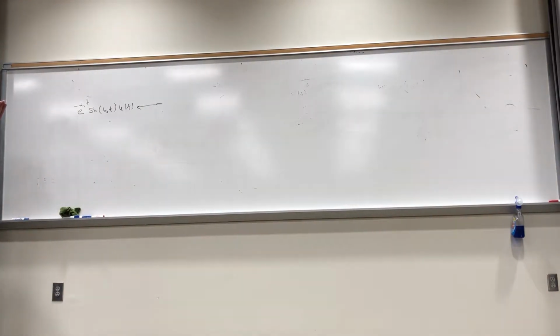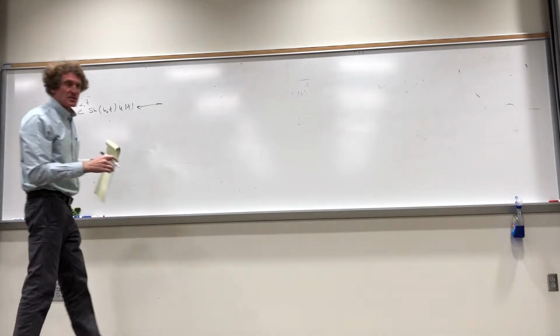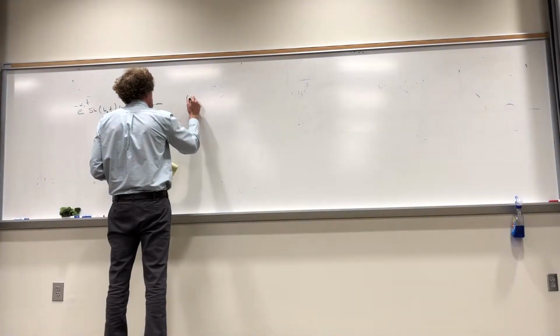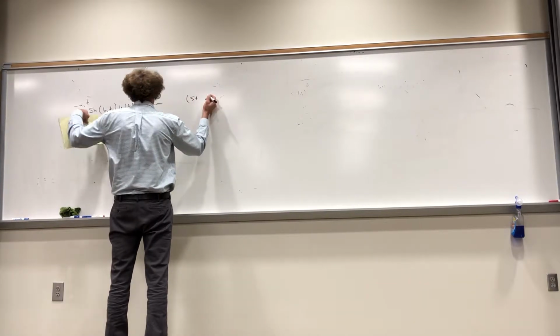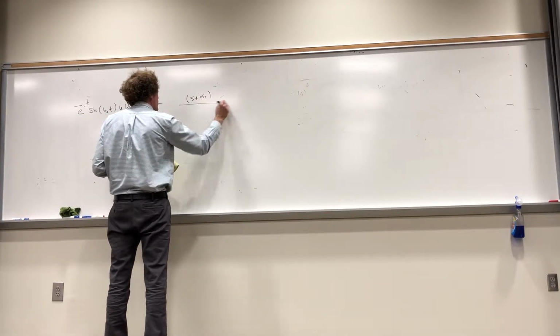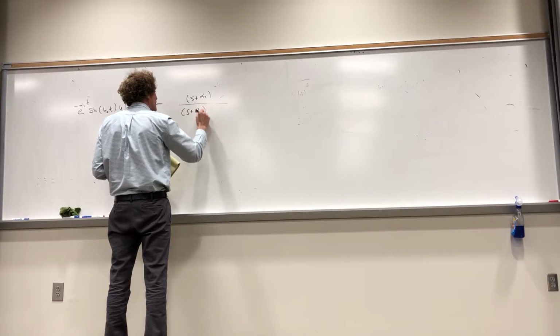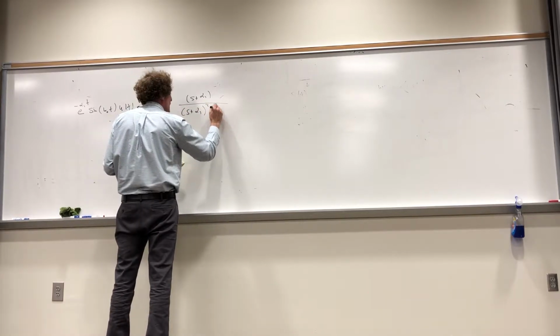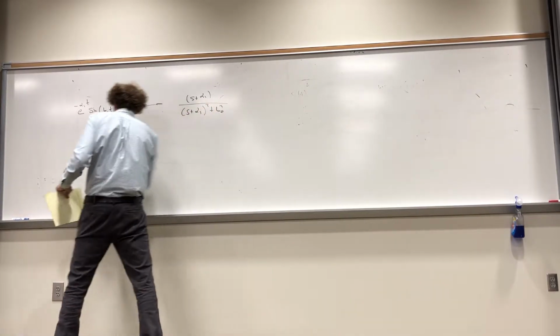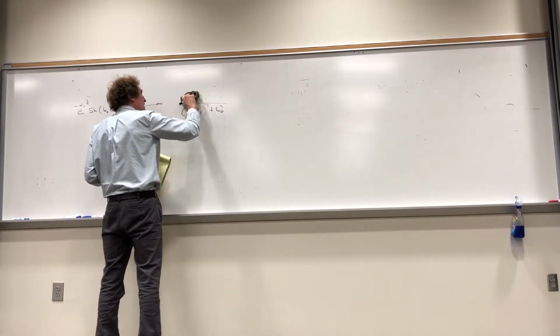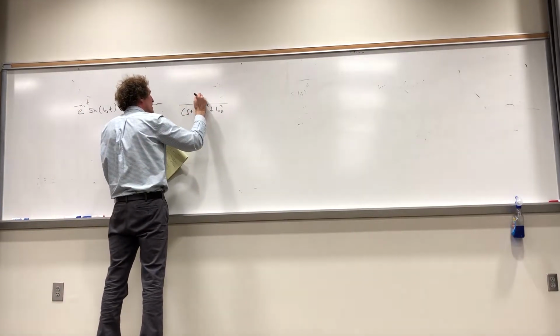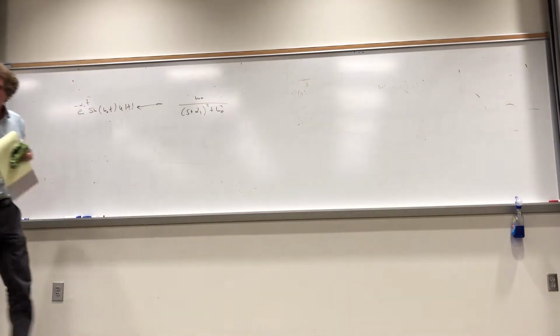It was either that or the cosine, correct, class? Yes. For this one, what is it in Laplace? Isn't it omega naught over s plus alpha 1 squared plus omega naught squared? Sorry, this is omega naught, my bad. For the sine, right?